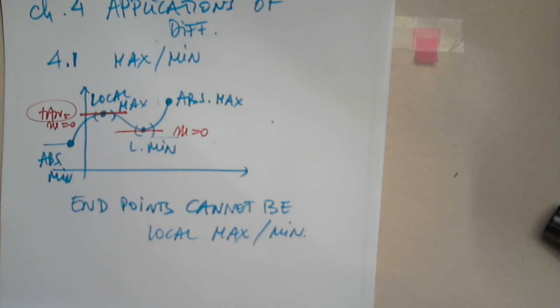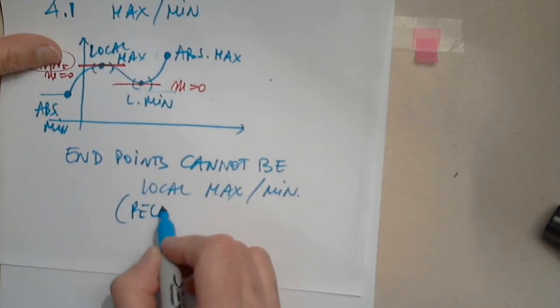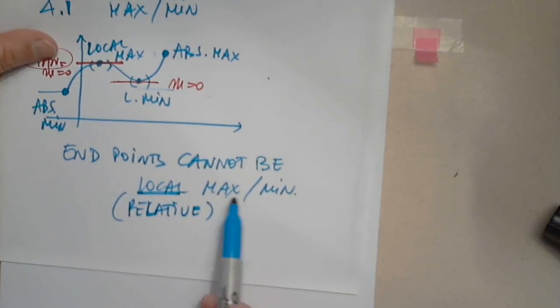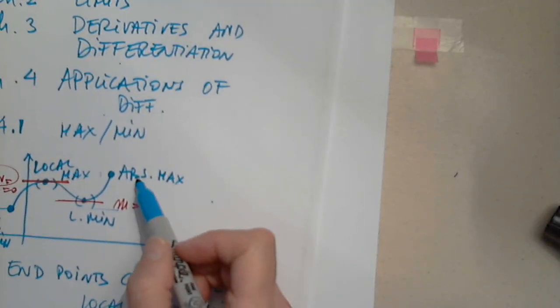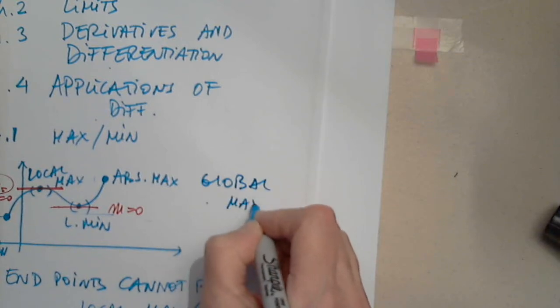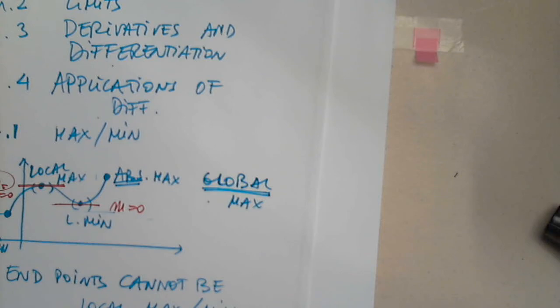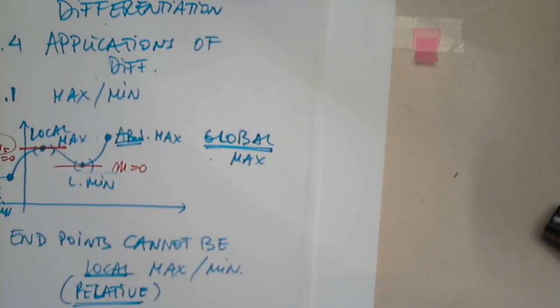We use interchangeably local or relative. They mean the same thing. Local max min or relative max min, same thing. We use absolute max or global max. So absolute and global mean the same thing.